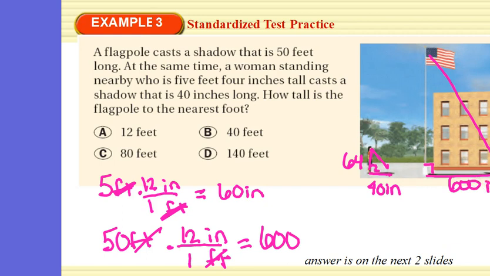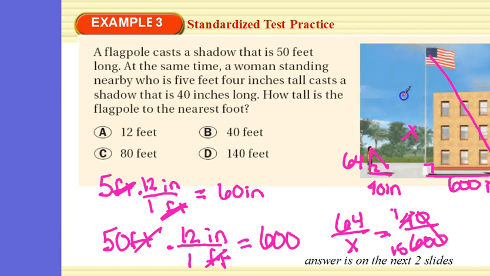We're looking for this. So 64 is to what as 40 is to 600? Cancel out those zeros. 4 goes in here, 2 goes in here, 4 goes in there. 30, 15. So 1 and 15. So 15 times 64. What is 15 times 64? 960.